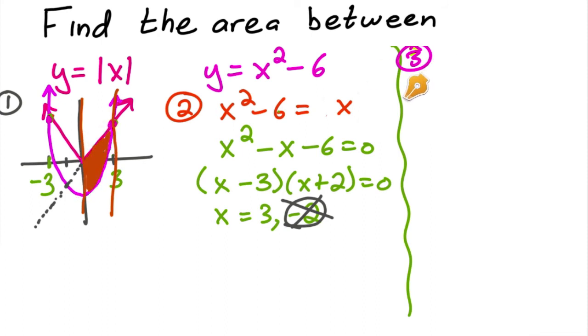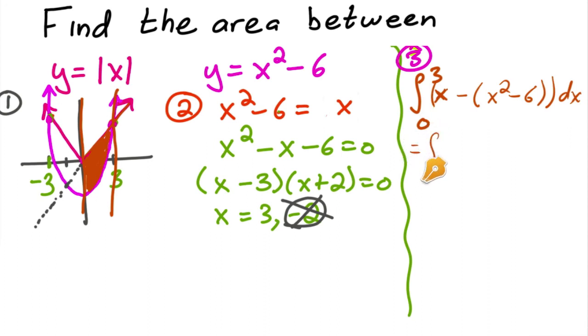So we're going to do the integral from 0 to 3 of top minus bottom. The top is absolute value of x, but in this half, it's just equal to the function x, and then minus x squared minus 6 dx. So this is equal to the integral from 0 to 3 of x minus x squared plus 6 dx.